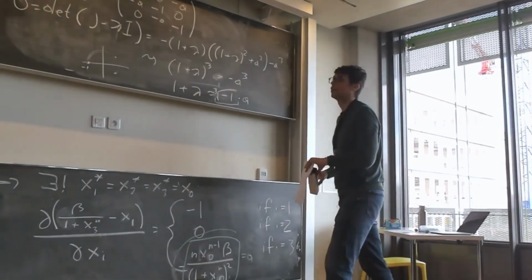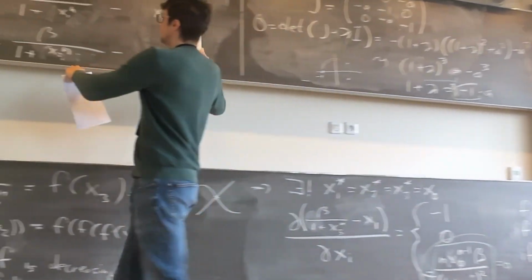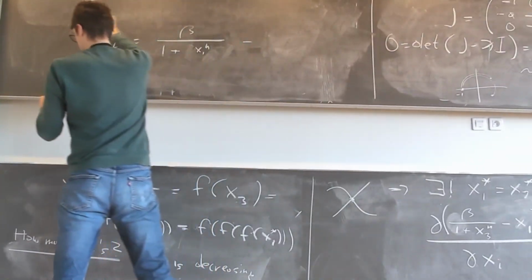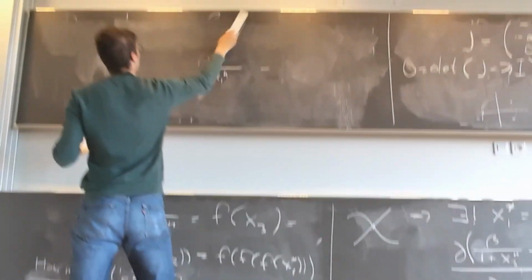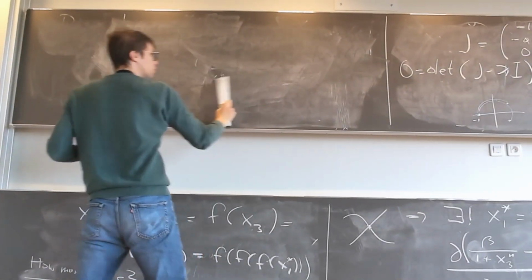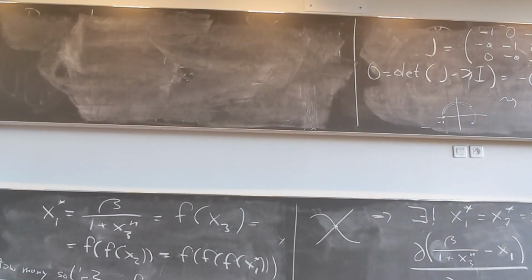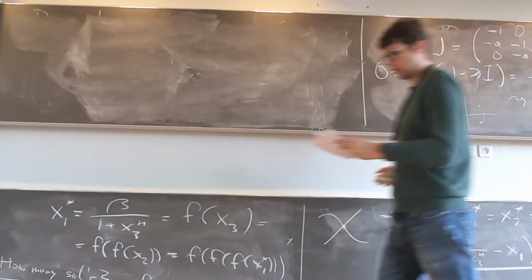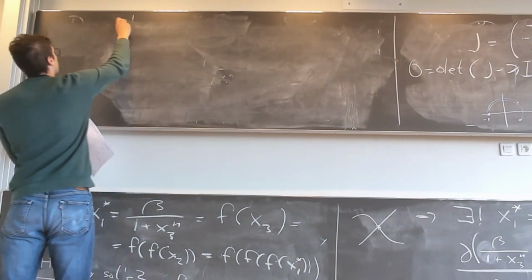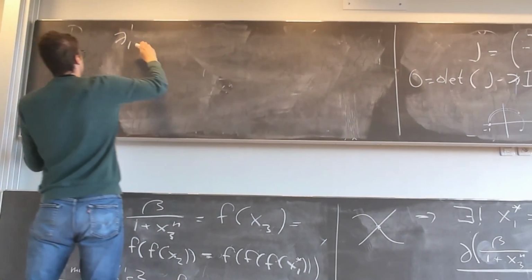And in explicit terms, we get 1 real value and 2 complex values. 3 solutions to this equation.